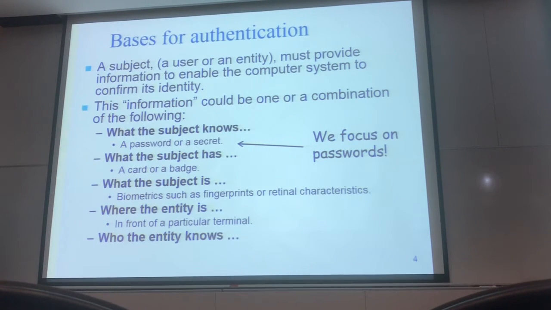So that's biometric. And then where the entity is, for example, if you are using a particular machine inside the internet, then you can directly access the resource. You can directly connect to a server if you are one of the machines within the internet. In this case, authentication is done, for example, by IP address.